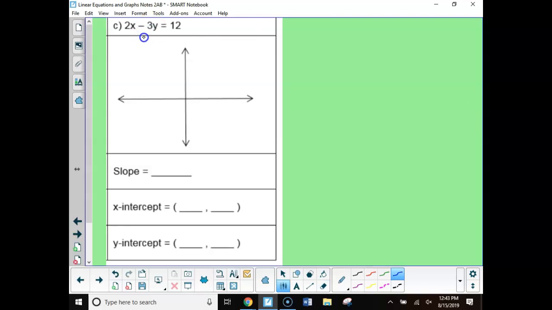The only thing it's good for, in my opinion, is finding the x and y intercepts. Because if I want an x-intercept, I put in y equals 0. If I put a 0 in here, 3 times 0 is 0. So what does it say now? 2x equals 12, so I get x equals 6.